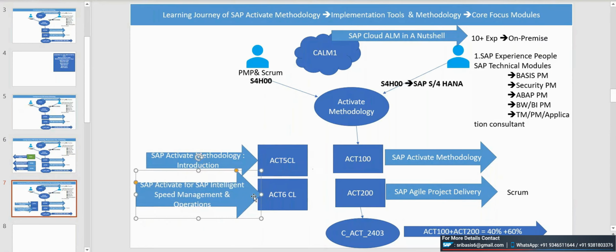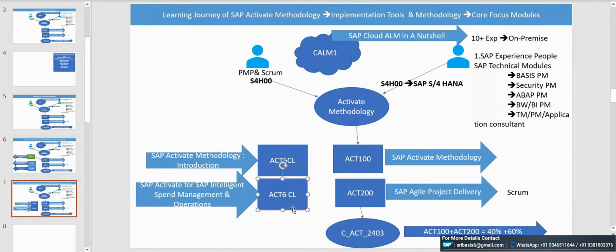Only these two? No, no. A lot of courses are there, but I'm focusing on these. Maybe if you have the functional core module intelligent spend management, sorry, spend management, spelling mistake. Spend management operations, you can take.